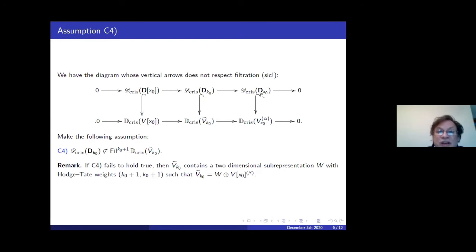But we can consider just the deformation of this triangulation D x0, which is Dk0, which is of dimension 2. And the kernel, which we denote by Dx0, is canonically isomorphic to Dx0. So D cris Dk0 is of dimension 2, and it is injected in the crystalline module of V tilde K0, which is of dimension 3.